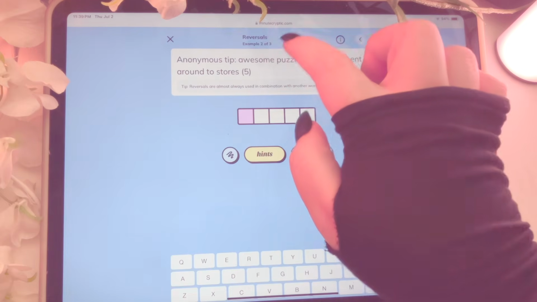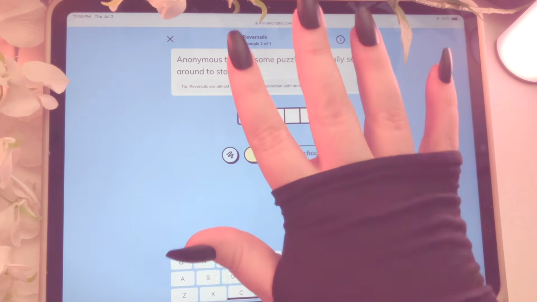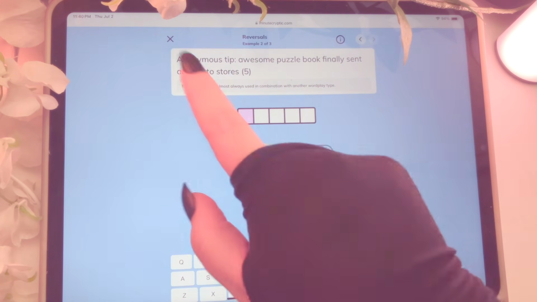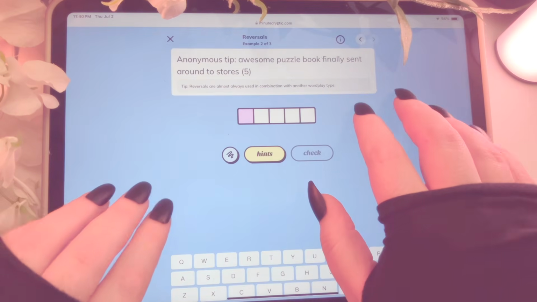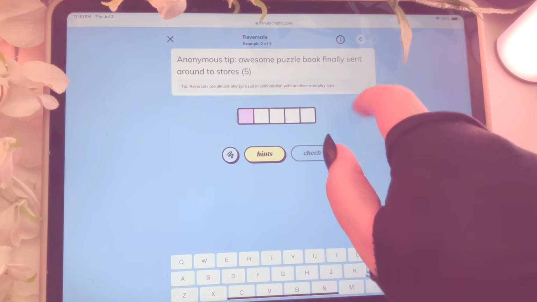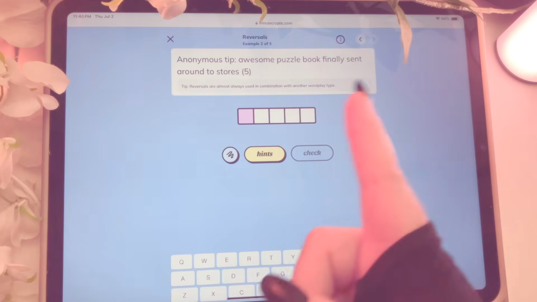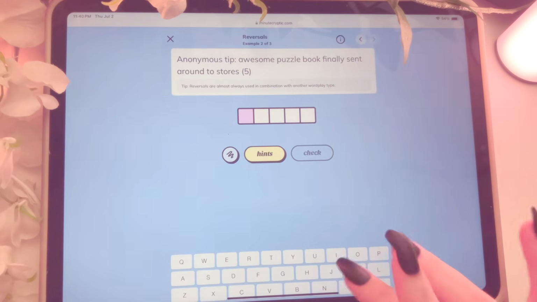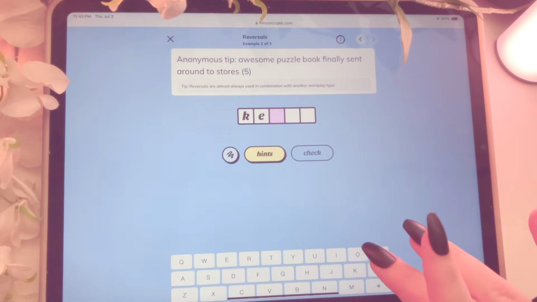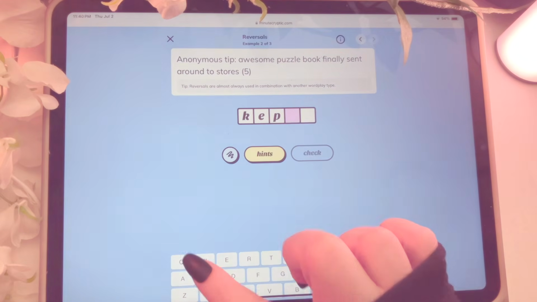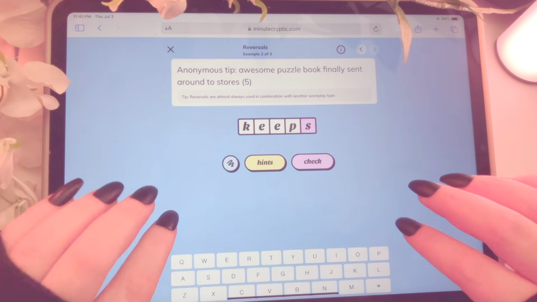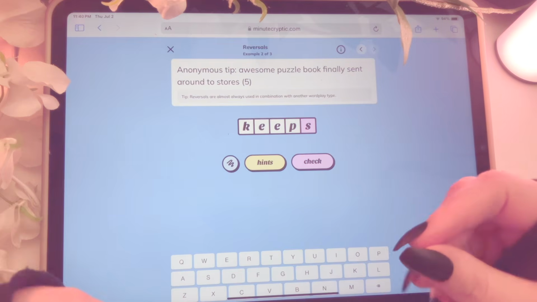An anonymous tip awesome puzzle book is 5 words, so if we take the final letter from each of them, we can get S-P-E-E-K. But of course, if we send that around and put that backwards, we'll get K-E-E-P, and S. I missed one. Keeps. To store. Keeps.